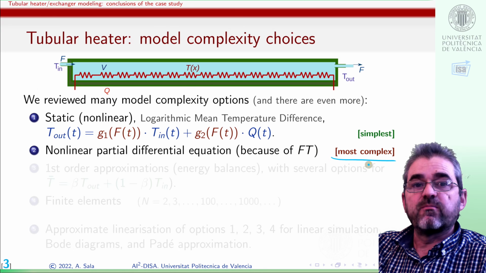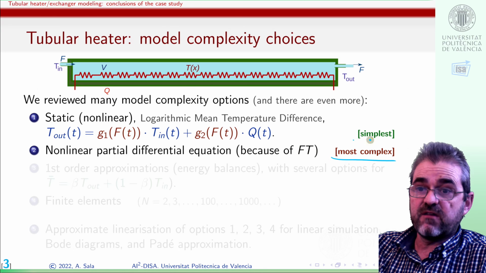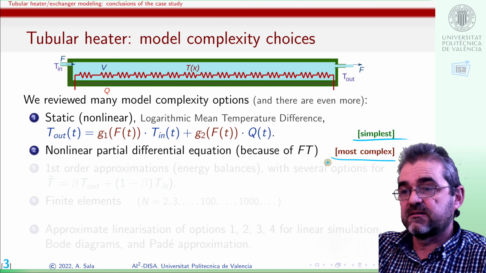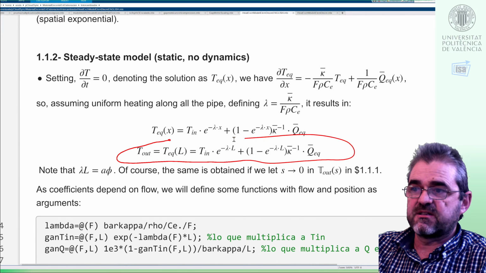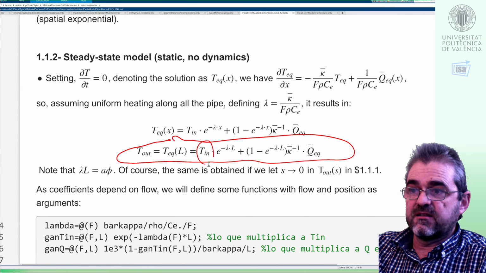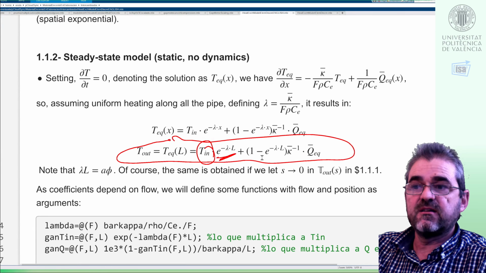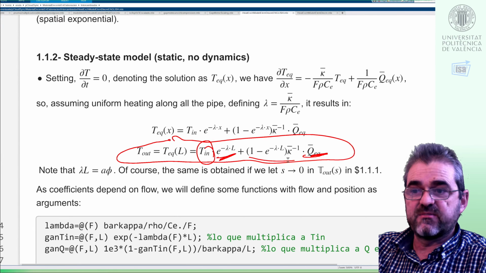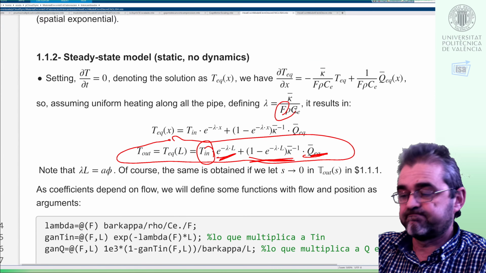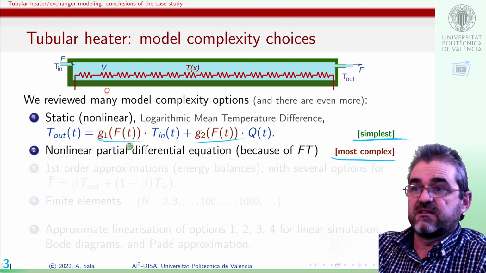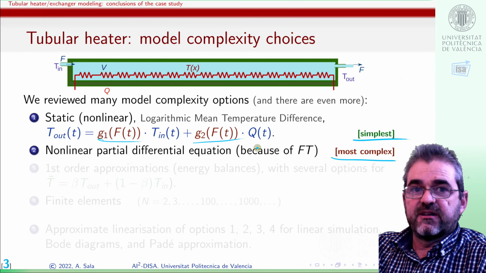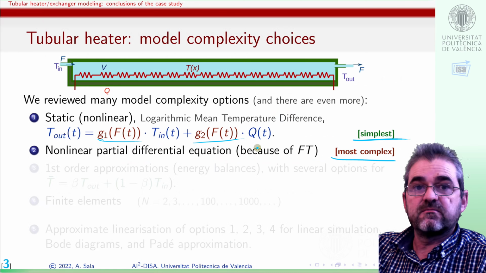So we have the most complex possibility here, and then we have the simplest possibility in which, making some derivations, we can write kind of this thing. We have the inlet temperature times certain gain and the heating power times another gain, in which those gains depend on some physical parameters and importantly the flow. So we get this kind of two gains, flow dependent perhaps. Temperature increases 12 degrees per kilowatt.